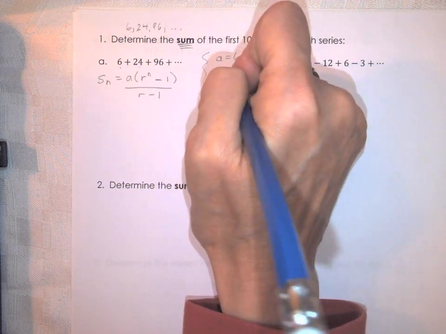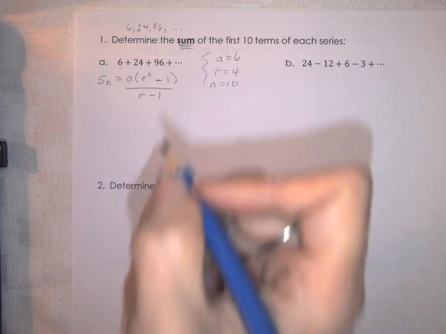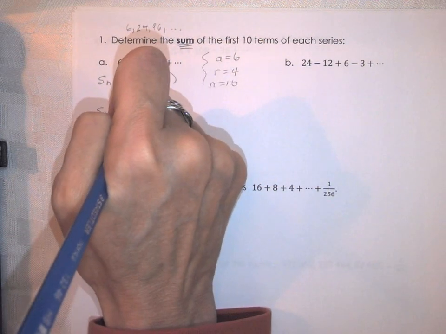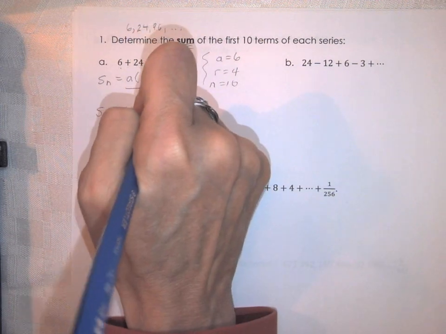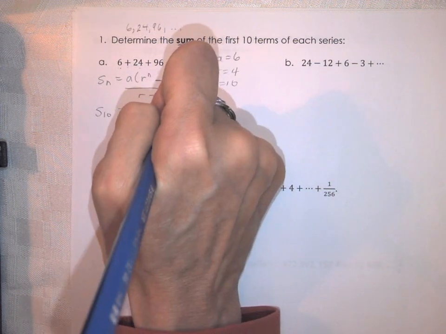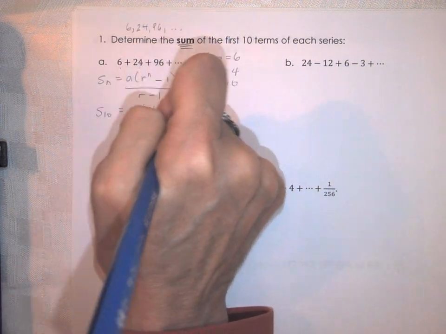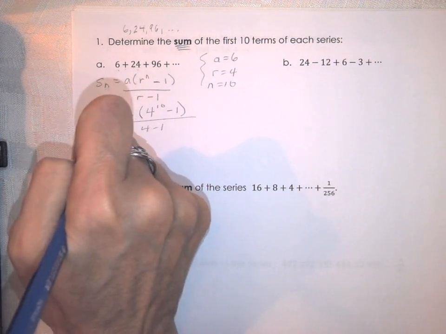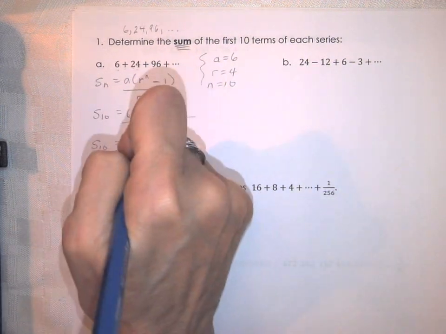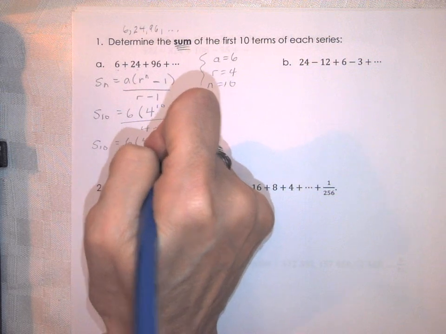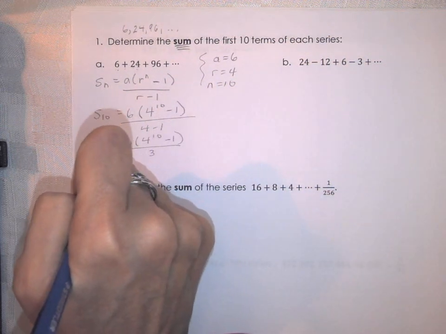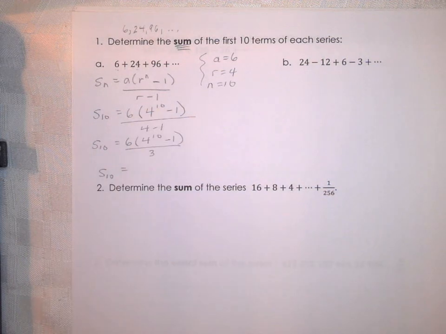They want me to find the sum of the first 10 terms. So S10 is going to be 6 times 4 to the power of 10 minus 1 over 4 minus 1. And I want my calculator to do most of the work for me, but I do know that 4 minus 1 is 3, and then I can go to my calculator.